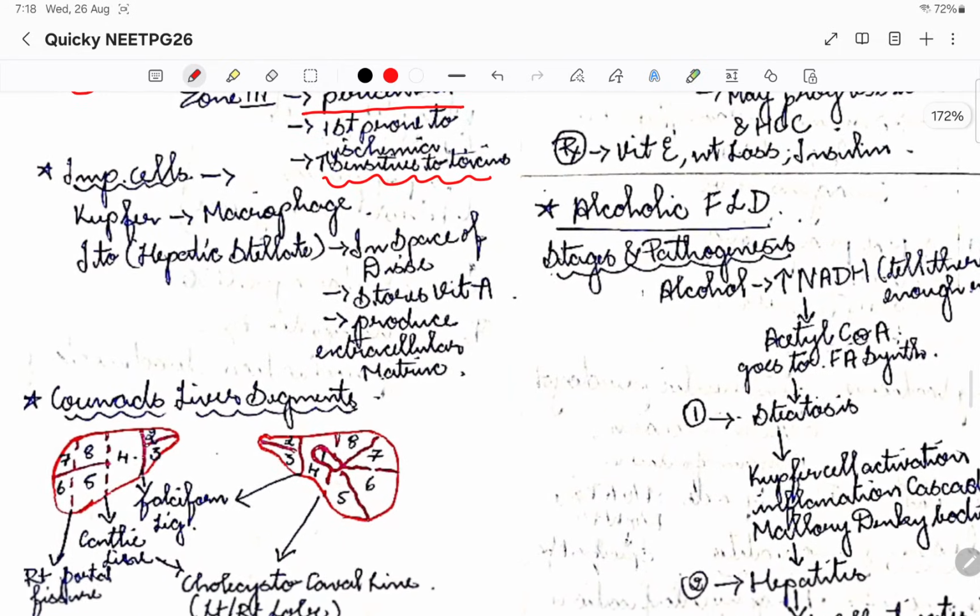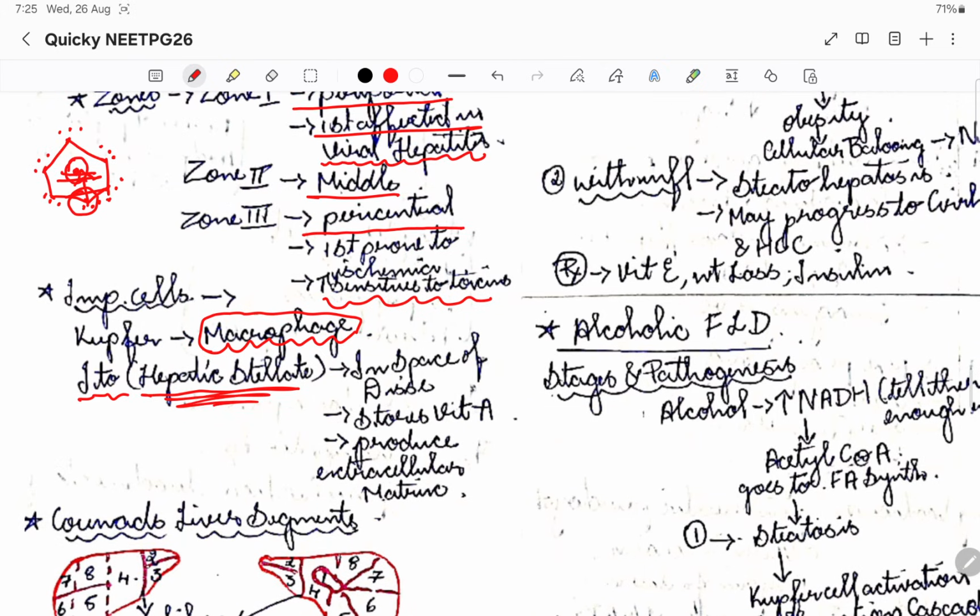Coming to some of the important cells of the liver, the Kupffer cells act like macrophages, and there are also Ito cells, the hepatic stellate cells, which are in the space of Disse. If this is the hepatic architecture, the space of Disse connects the edges to the central vein.